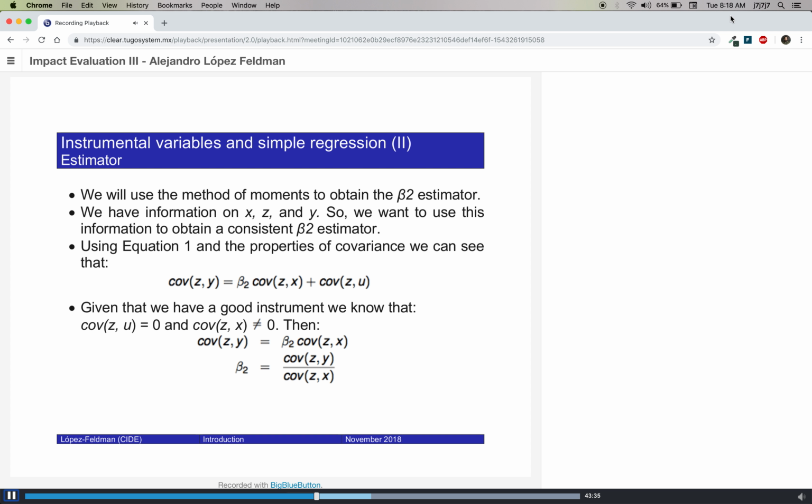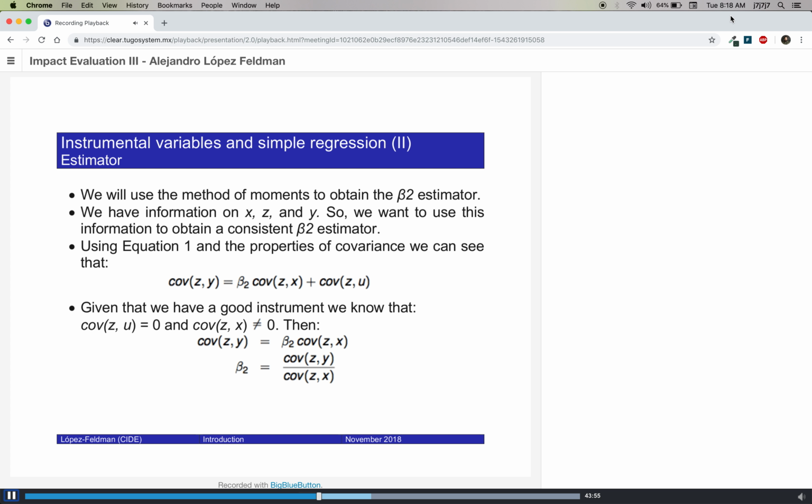So what happens? I have information regarding Z, for instance, the mother's education. This has an effect on X, which is education. Maybe this was a good instrument. And this has an effect on Y, which is wage. And I have this information.